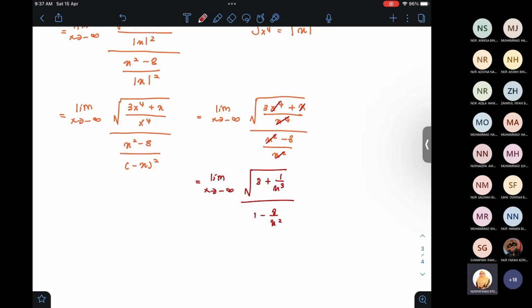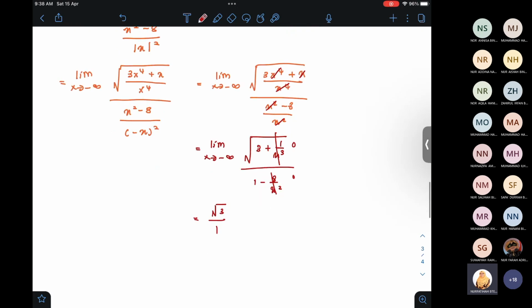Let's substitute negative infinity. Here we get zero. We substitute 8 over x squared: 8 over negative infinity squared gives zero. So what remains is the square root of 3 over 1. So the answer is equal to the square root of 3.